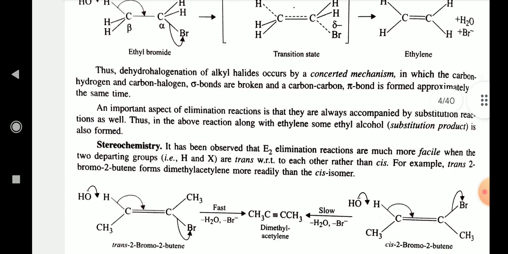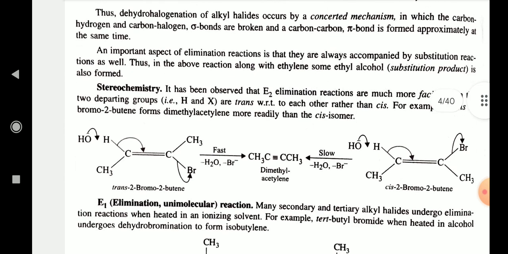Thus, dehydrohalogenation of alkyl halide occurs by a concerted mechanism in which the carbon-hydrogen and carbon-halogen sigma bonds are broken and a carbon-carbon pi bond is formed approximately at the same time.